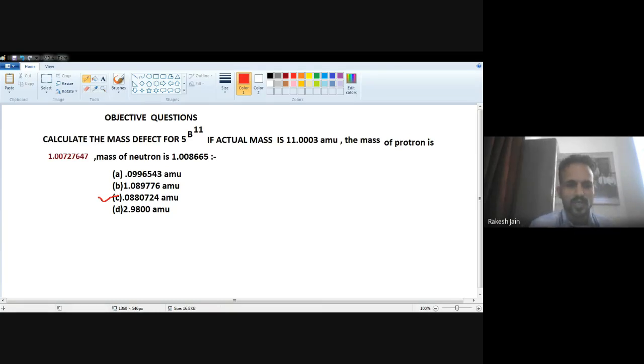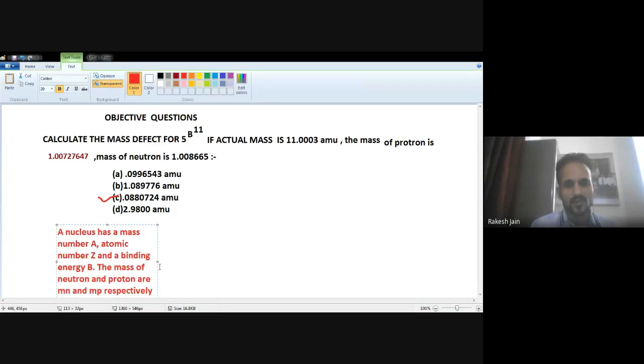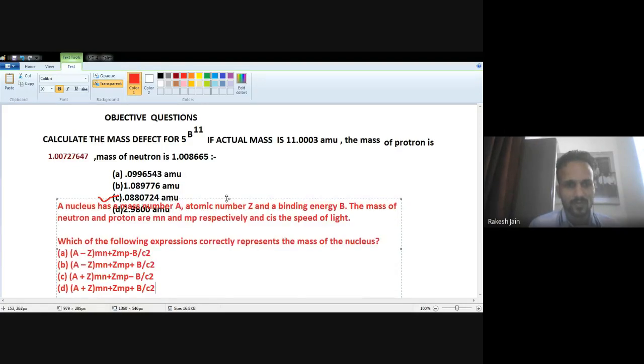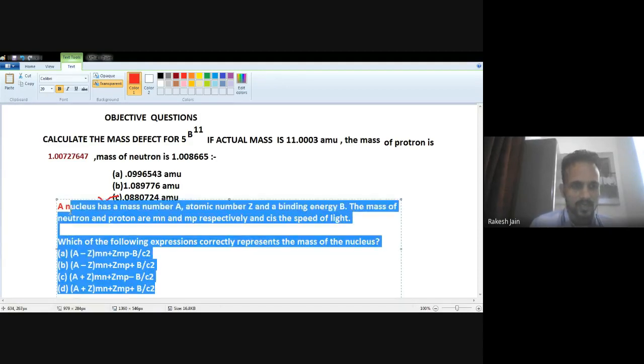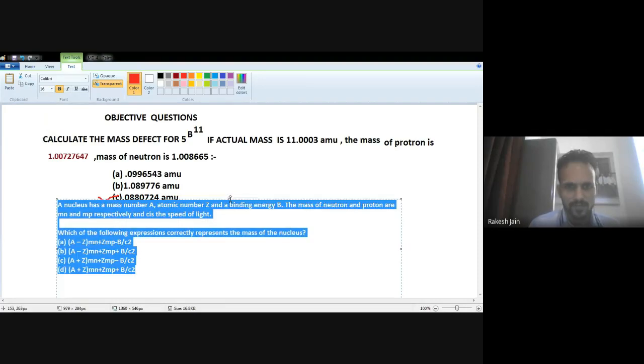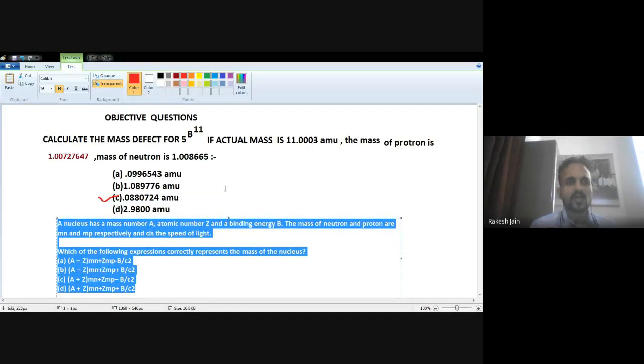So now see the second objective question. Can you easily solve this question? Use your knowledge, then you will find out that you can easily solve it.